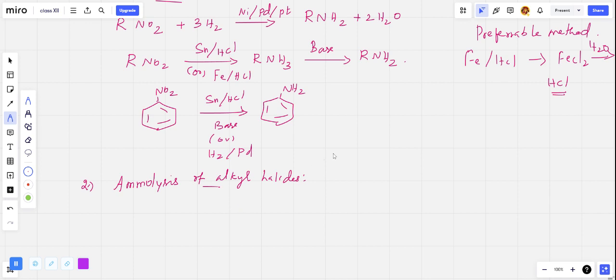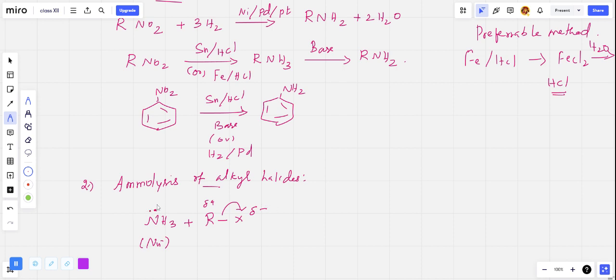Here alkyl halides undergo a nucleophilic substitution reaction, that means SN2, with ammonia, forming amines. NH3 is a nucleophile because it has a lone pair of electrons. When it reacts with an alkyl halide, because of the electronegativity difference, the carbon gets a partial positive and the halogen a partial negative.